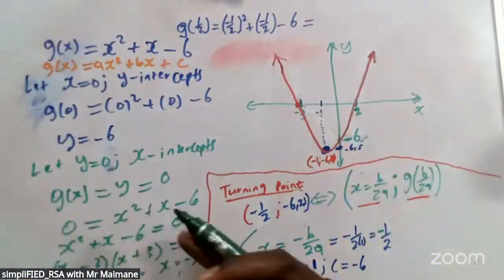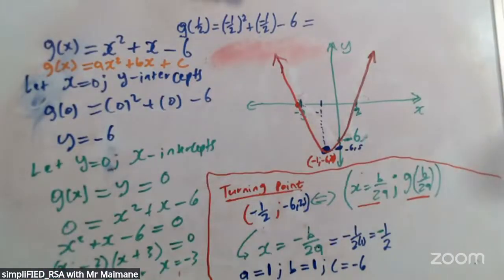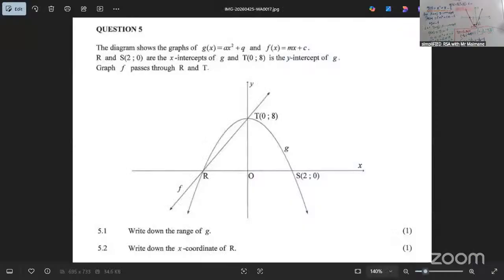I was just doing this so that we are confident, and everyone has something to say because we remember. But now look at this one. I will hint at that part when I get there. I just want to talk about the turning point only.